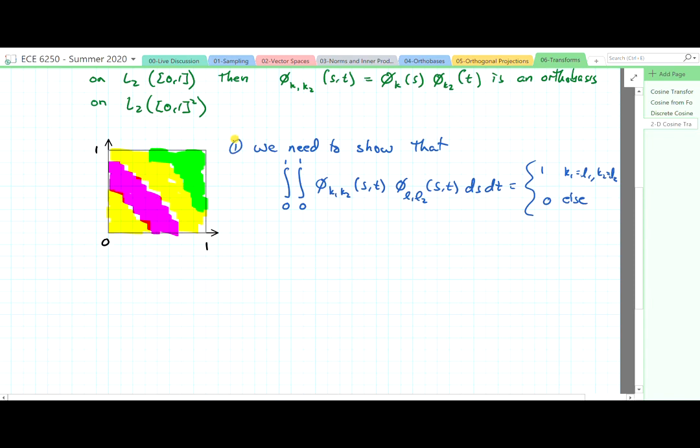So that's step 1. And since we have phis, or in the special case of the cosine transform, we've defined it as these psi functions that are separable, then this whole operation becomes almost trivial.